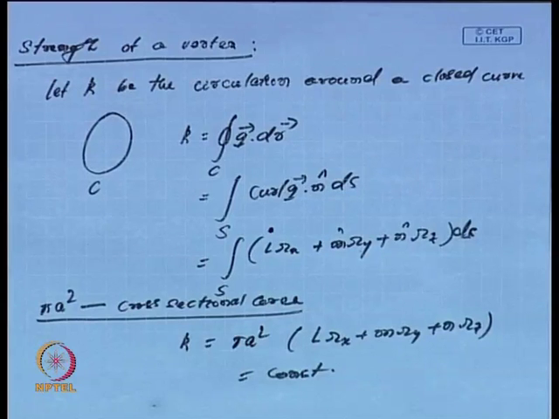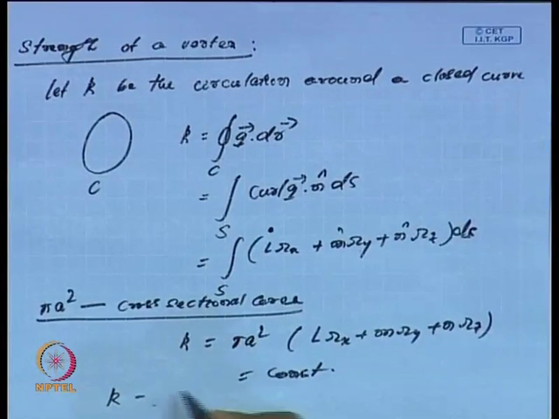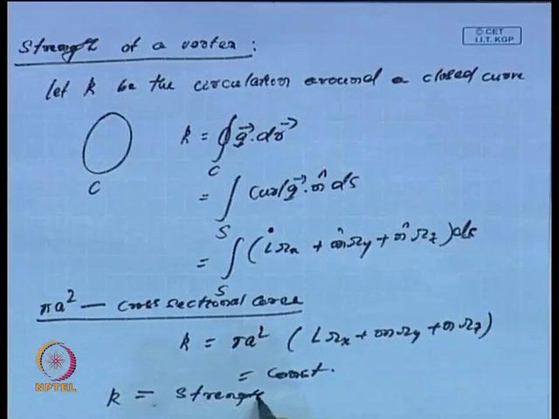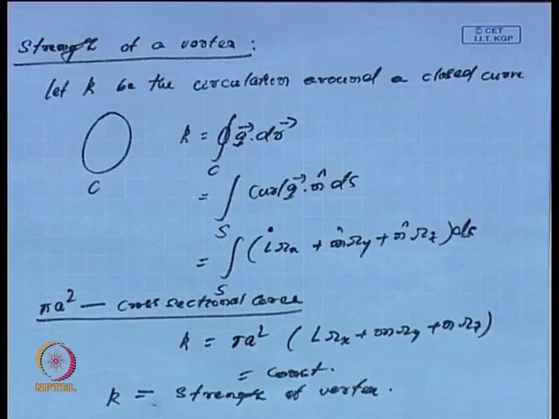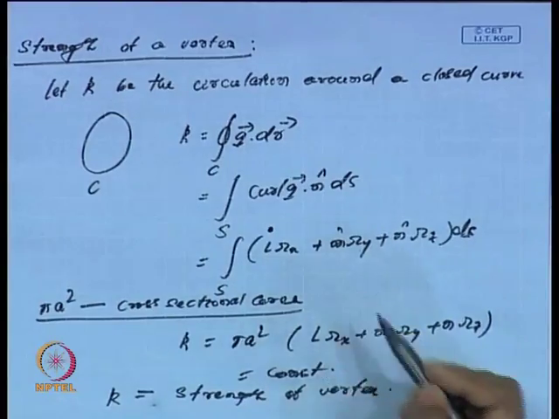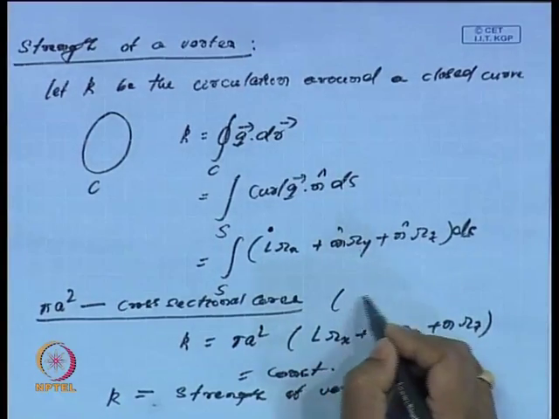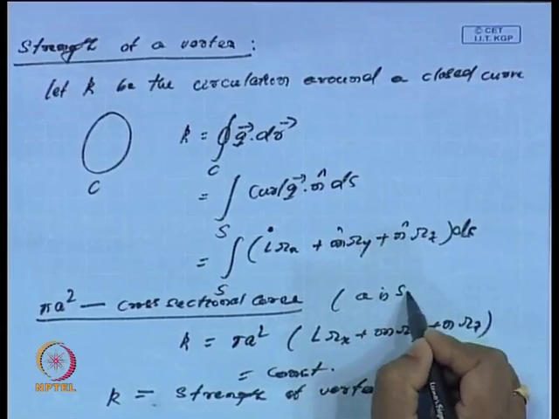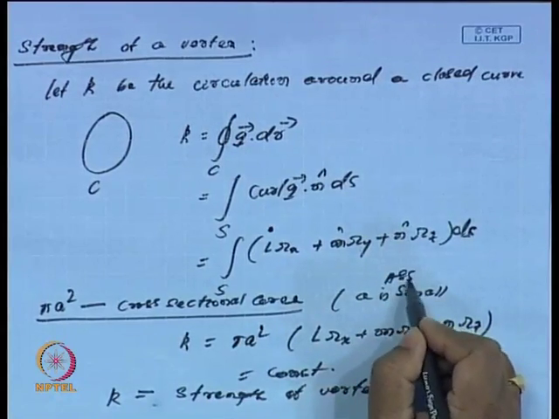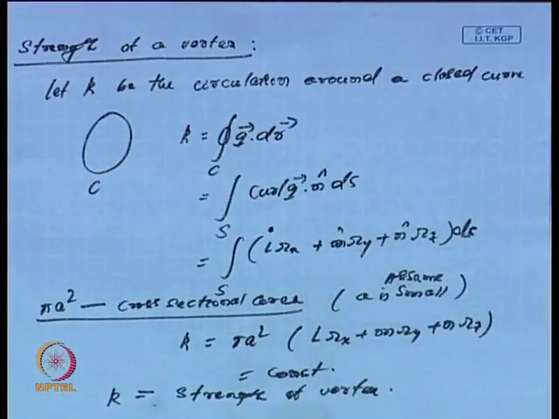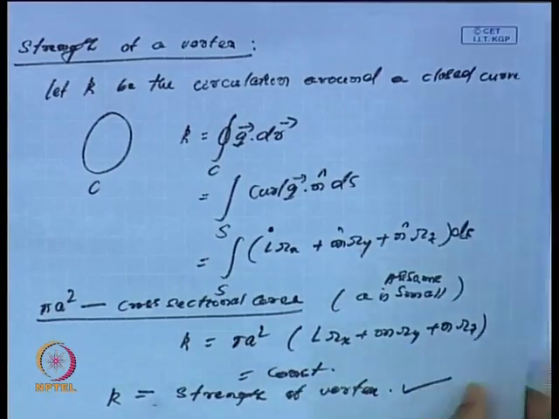If this is a constant, then I call K the strength of the vortex. This is assuming that A is small. We assume A is small, this is the assumption. So then we call K the strength of the vortex.